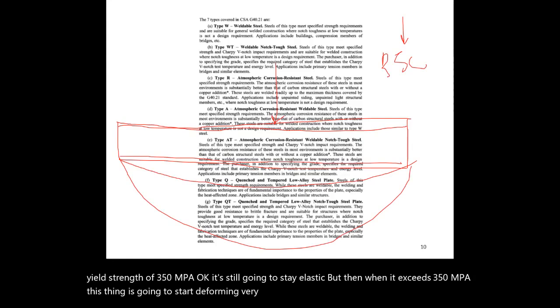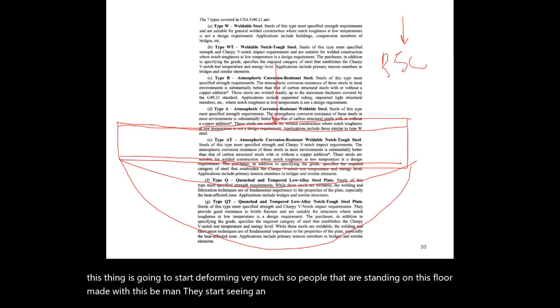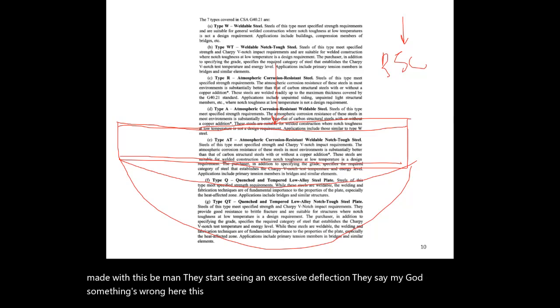So people standing on this floor made with this beam start seeing an excessive deflection, they say, oh my God, something's wrong here, and they have a chance to get out.